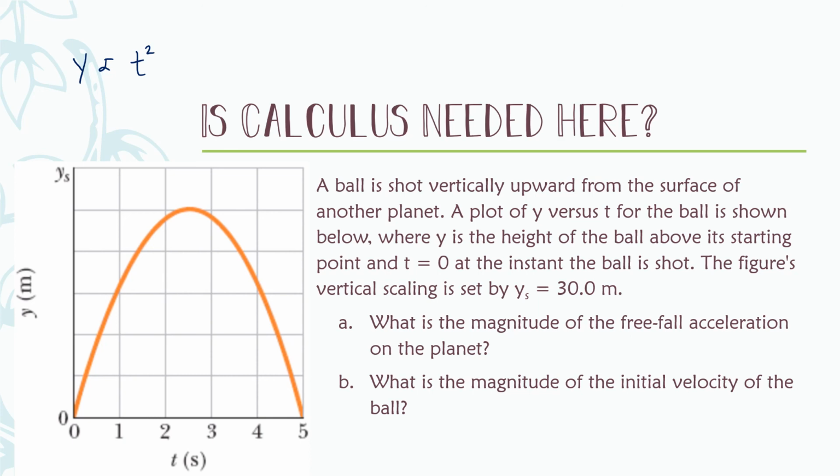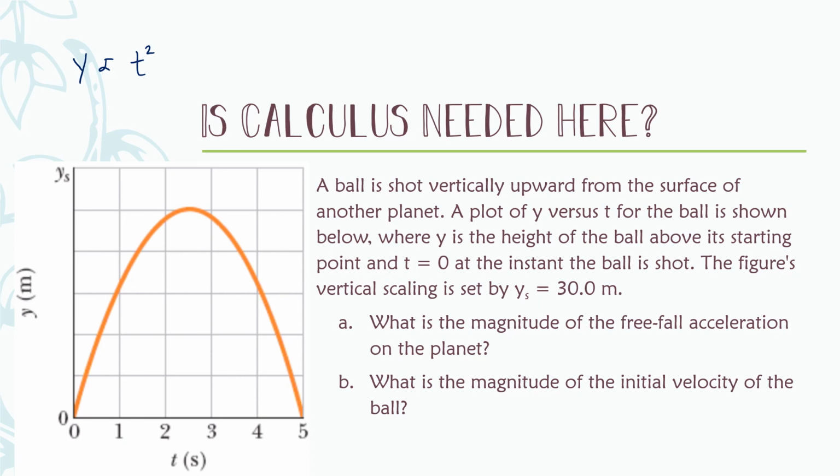Even if you're not thinking about derivatives and integrals with this, last year we learned that when we have a constant acceleration, our position versus time graphs are parabolic. When we do have that constant acceleration, no calculus is needed because we have those equations for constant acceleration.